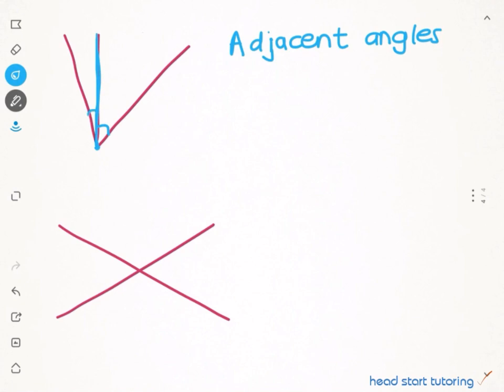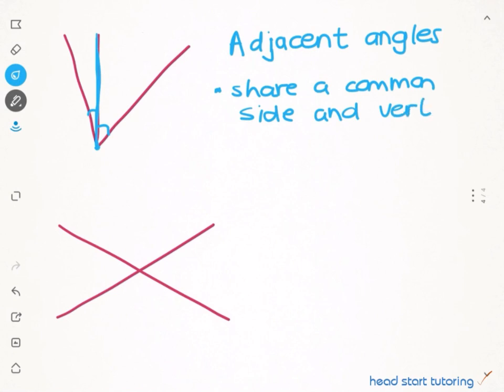So adjacent angles share a common side, which will be in between them, and a common vertex. So those are your adjacent angles.